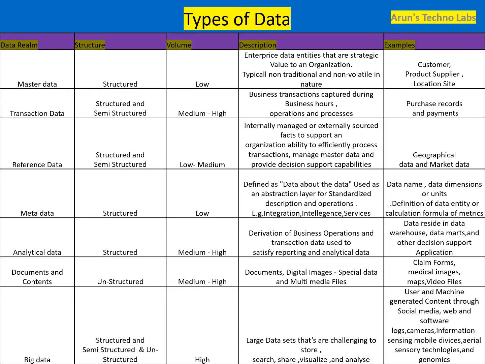About master data. Master data is structured, for example, as discussed before: customers, patients, locations, care homes, and stores data. These are mostly unlikely to change and are mostly static data.